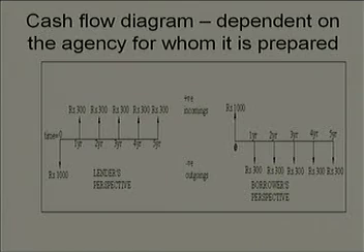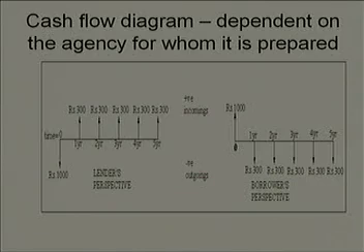You can see similar treatment has been made for the 300 rupees return every year for the next 5 years. Whereas in the lender's cash flow diagram it is shown on the plus side, in the borrower's cash flow diagram it is shown on the negative side. Now, is the difference clear to you?